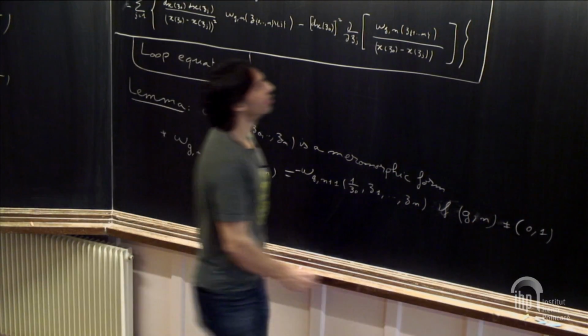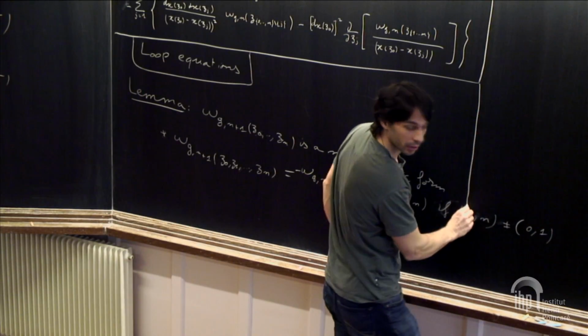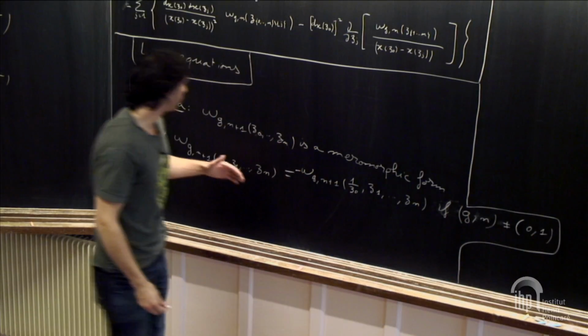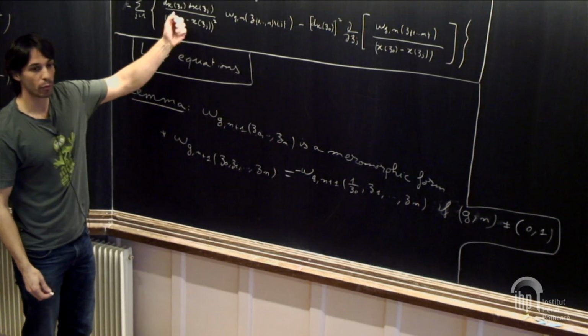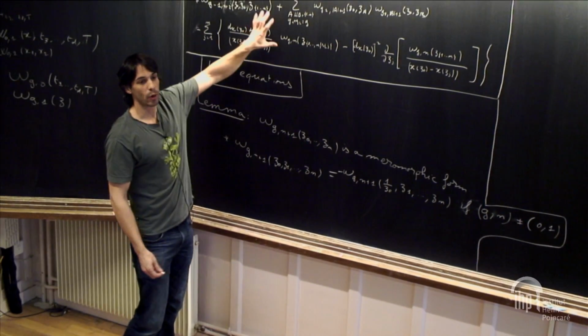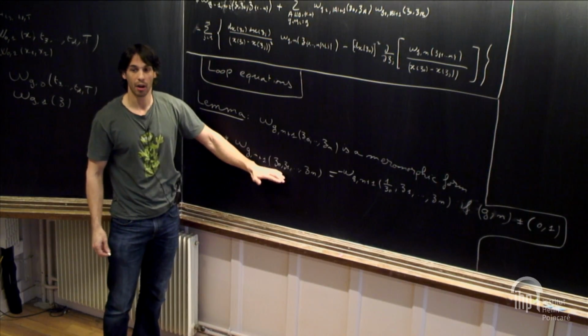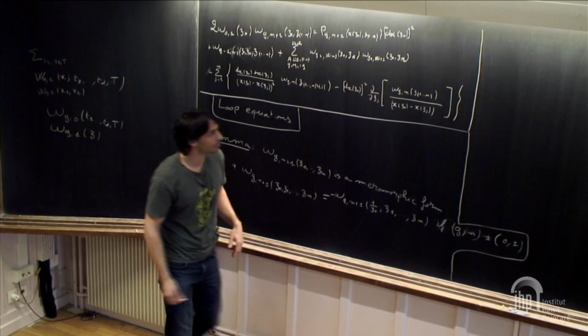And now, probably the most important part of the story and what will make everything work is that this equation, once again, allows me to know the singularity structure of this meromorphic form.